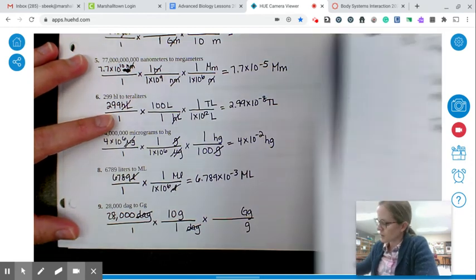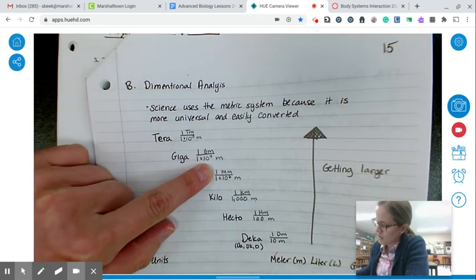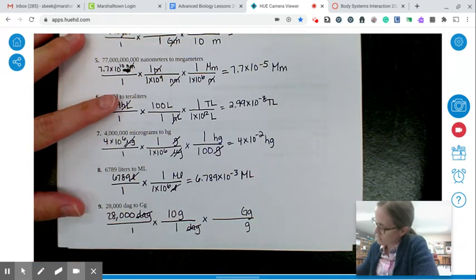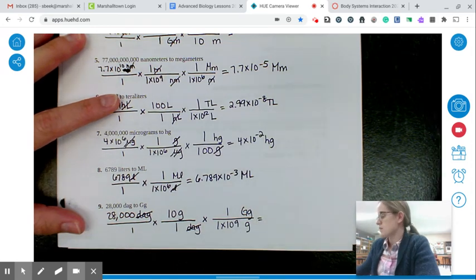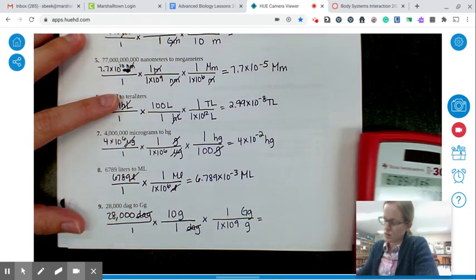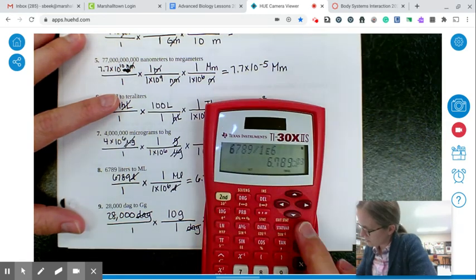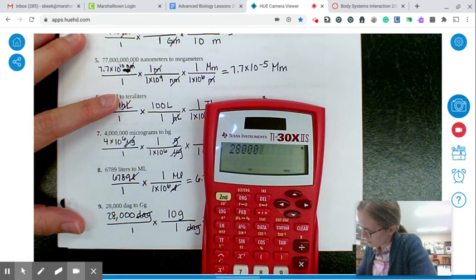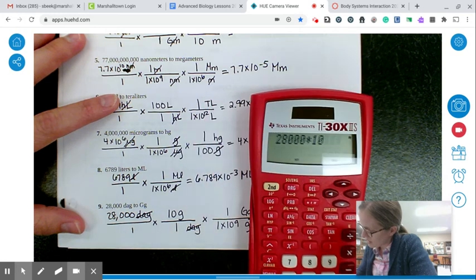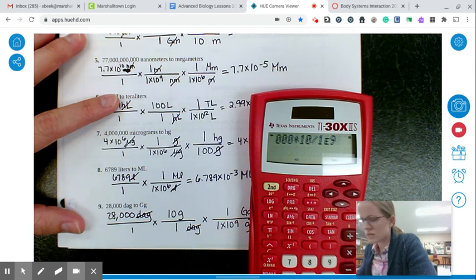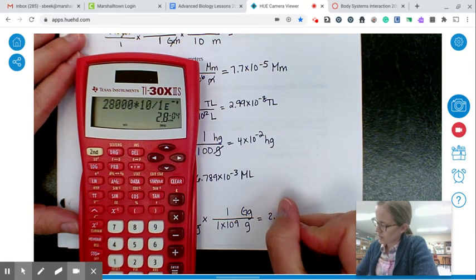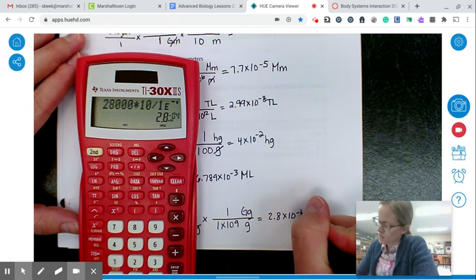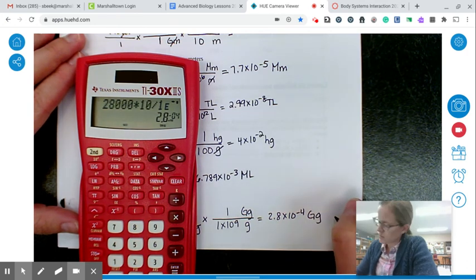If you look up gigagrams, 1 gigagram is 1 times 10 to the 9th grams. So times 10, and then divided by 1 times 10 to the 9th. So I got 2.8 times 10 to the negative 4th gigagrams.